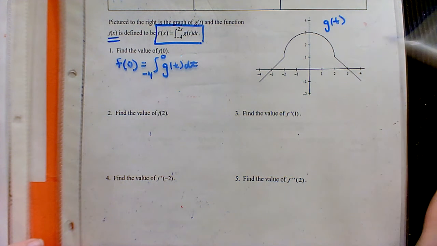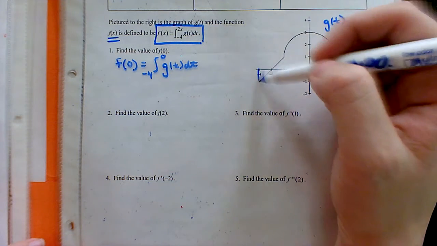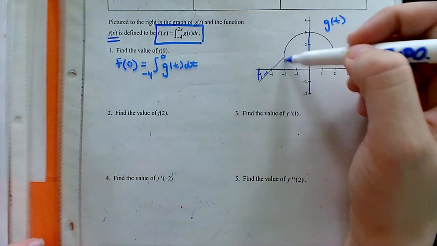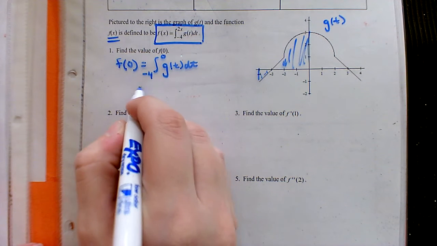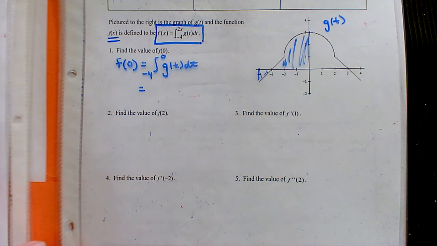Now I'm saying the g graph because that's what they gave us. So if we look at -4 to 0, we want to figure out all of that area. Can we maybe break it up into different shapes to help us do that?